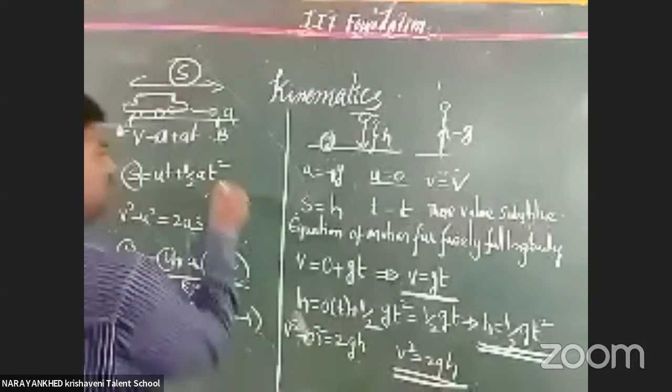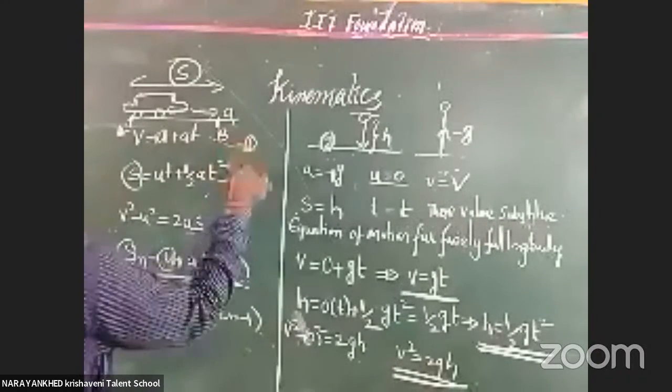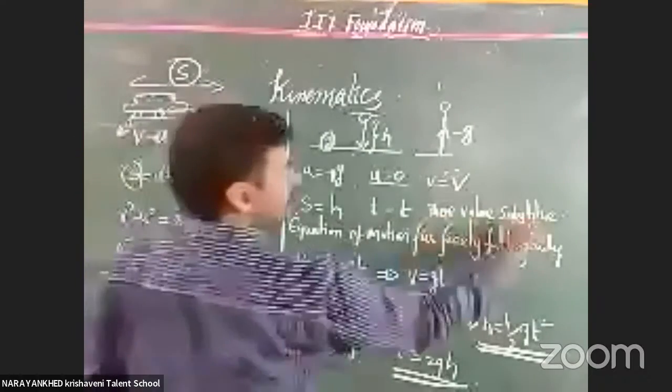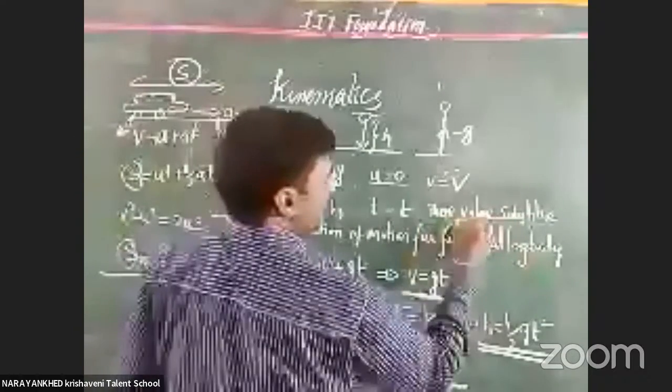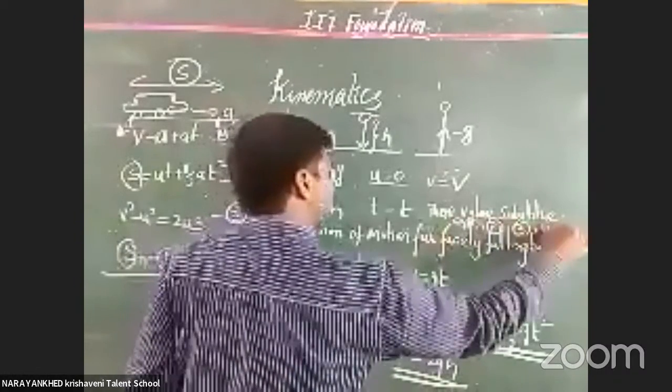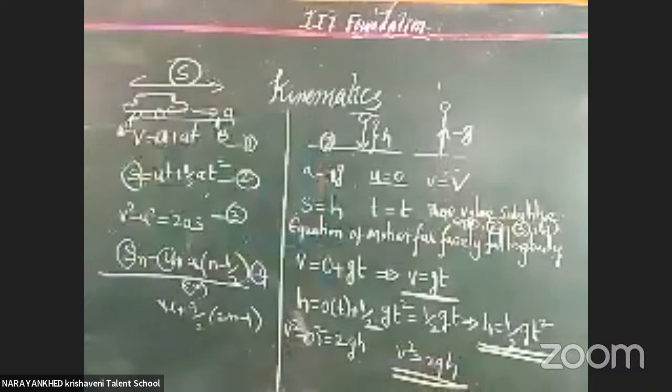These values are substituted in equations 1, 2, 3, and as well as 4. Here you have to write equations 1, 2, 3, and as well as 4. We get the equations of motion for a freely falling body.